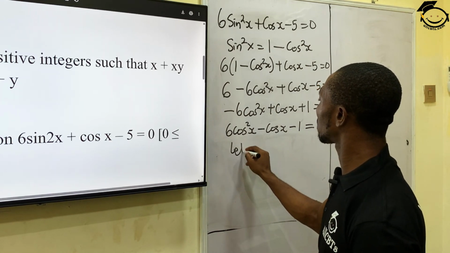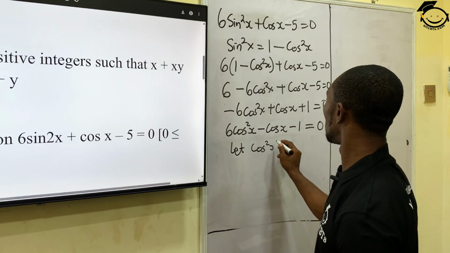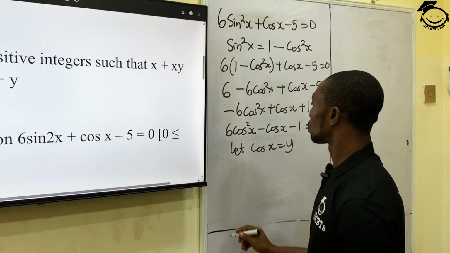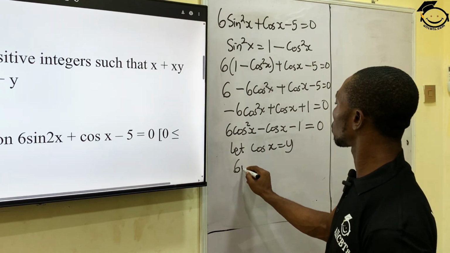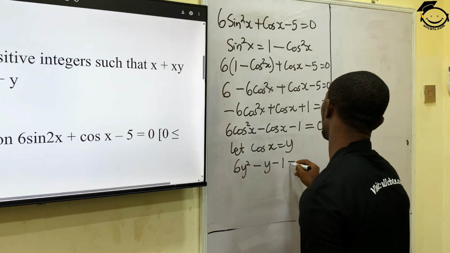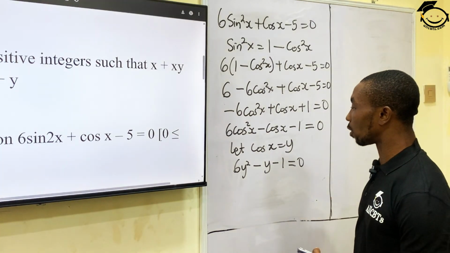Now let cos x equal y. So this becomes 6y squared minus y minus 1 equals 0. Now this forms a quadratic equation for us.